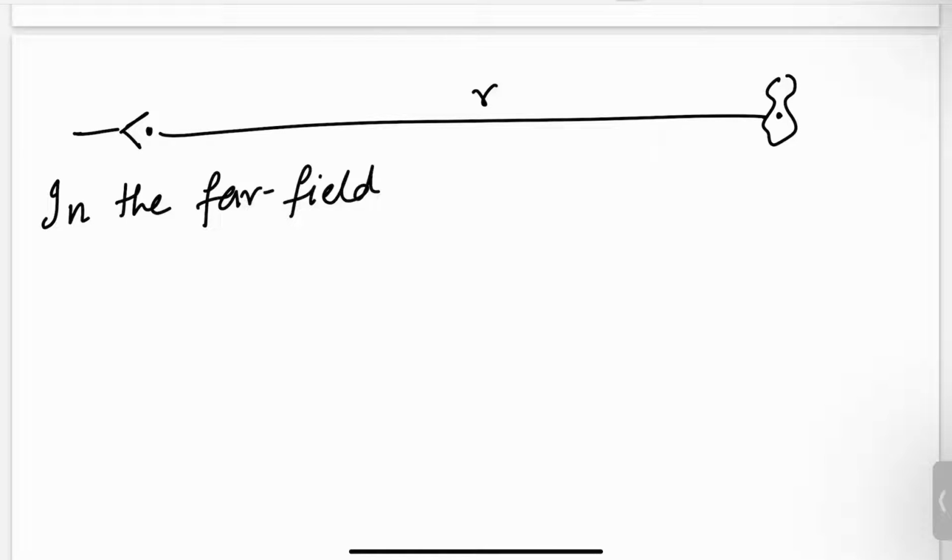Only then is this phase center approximation valid. Keep in mind that it doesn't mean that the target has to be in the far field of your synthetic aperture. Right? Synthetic aperture is much larger than just the single antenna size. So you have to be in the far field of the antenna, but you don't have to be in the far field of the synthetic aperture.